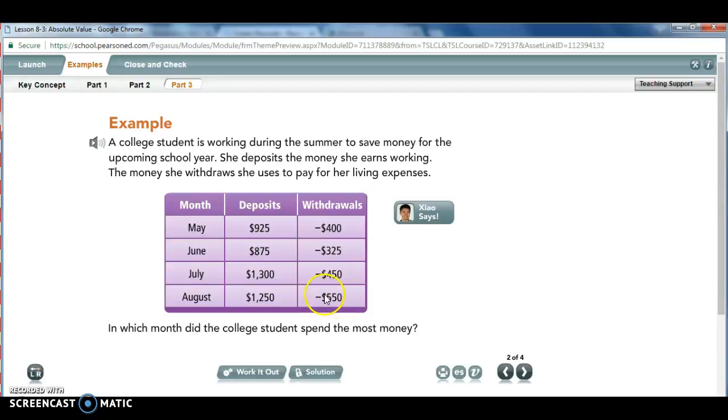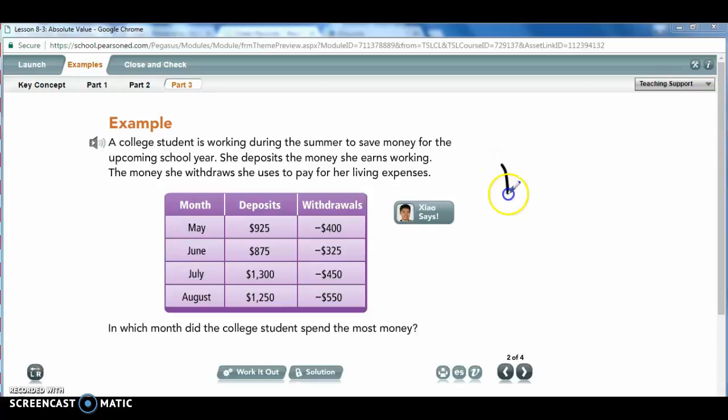So $550 is when she took out the most, even though negative 550 is the smallest amount on here. On a number line, negative 550 goes way left compared to all of the other numbers.